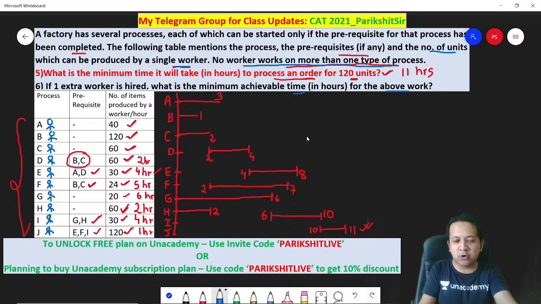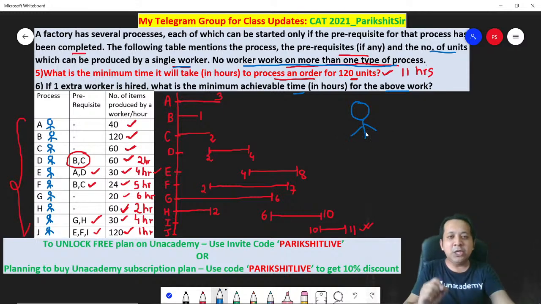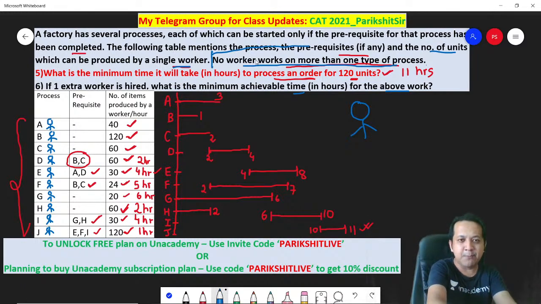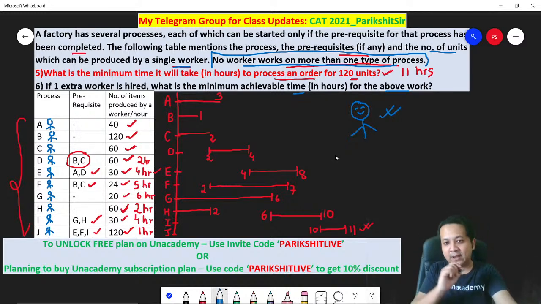Now the good part is you have an extra worker, and you can allot him to any one of the processes. Remember, the question clearly says no worker works on more than one type of process. So this extra worker who is waiting for you, can you tell me where will you allocate him?